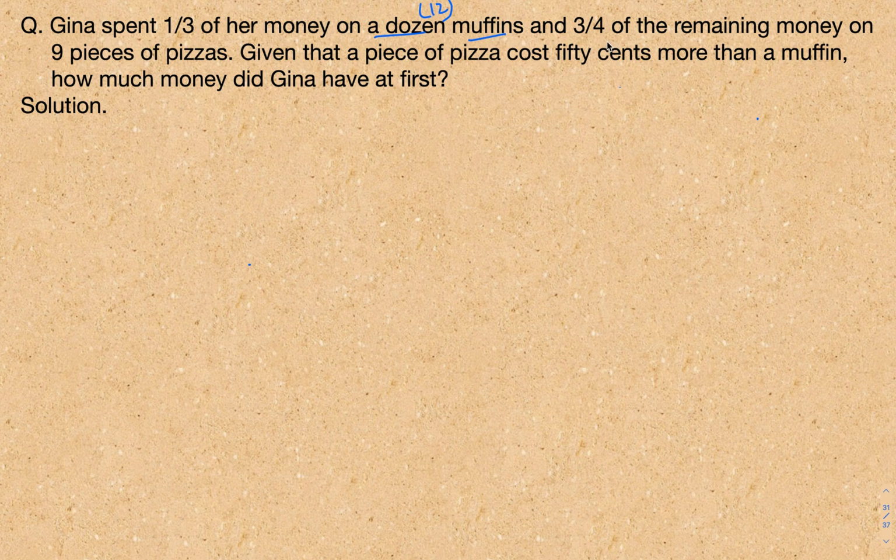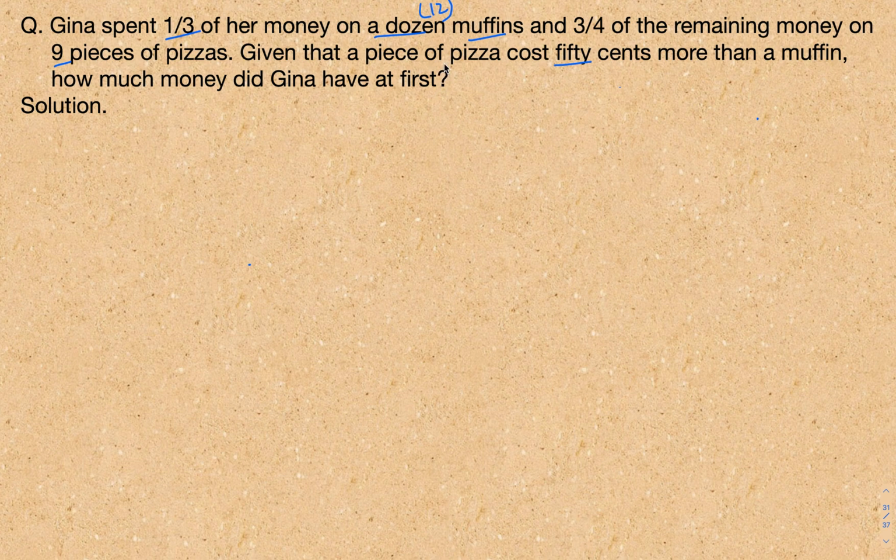Then she spent one third of her money to buy 12 muffins and 3/4 of the remaining money on 9 pieces of pizzas. So given that a piece of pizza cost 50 cents more than a muffin, how much money did Gina have at first? So we have to find how much money Gina was having with her at first.